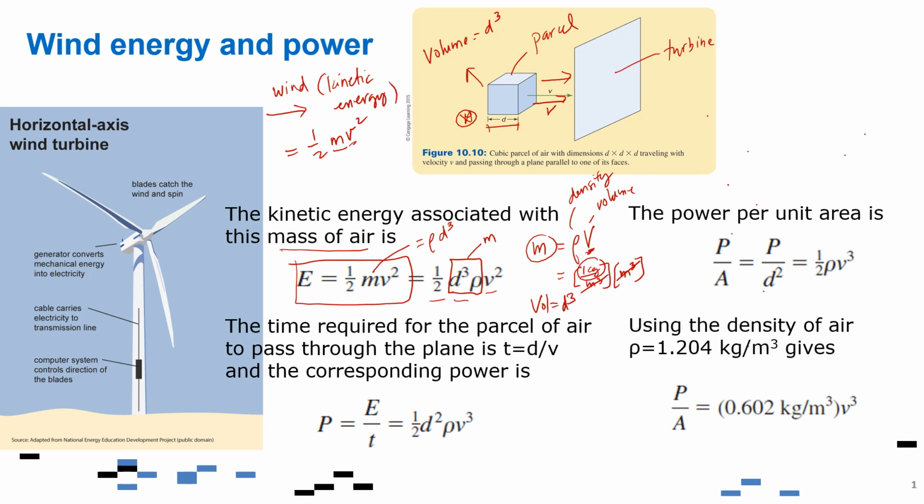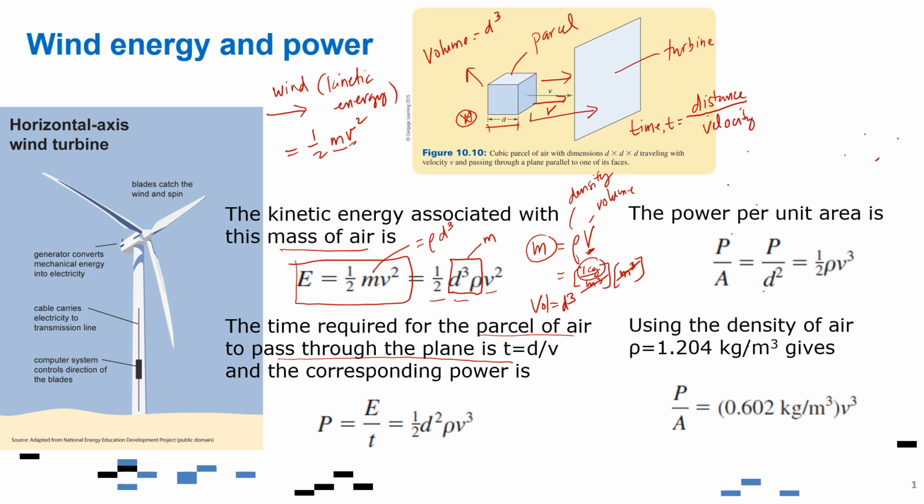Now, if we take the time required for this parcel of air to pass through the plane, so this part here, the time required to pass through the plane is time t. Time t can be represented as distance over velocity.